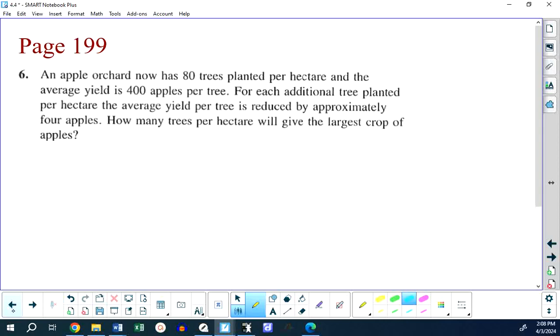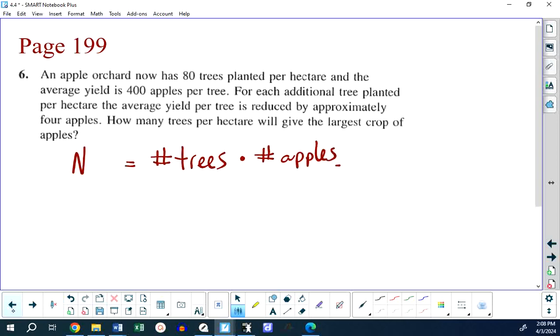So the total number of apples will be equal to the number of trees multiplied by the number of apples per tree, right? So as it stands right now, if you take 80 trees times 400 apples per tree, you get 32,000 apples in the growing season.